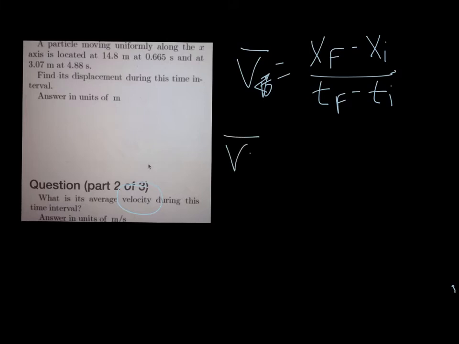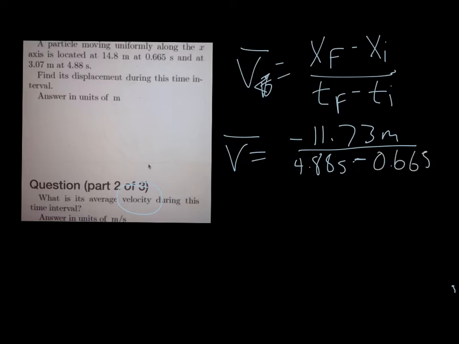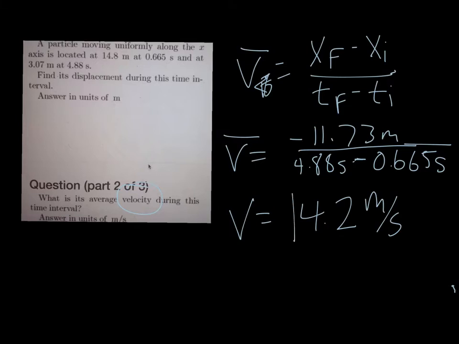So in this case, your average velocity will be negative 11.73 meters divided by 4.88 seconds minus 0.665 seconds. Therefore, your velocity will be equal to 4.2 meters per second. And you should have gotten a negative. Negative 4.2 meters per second.